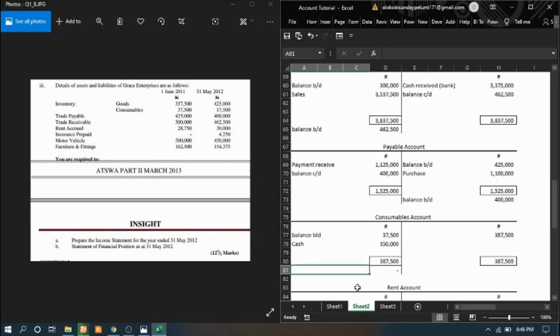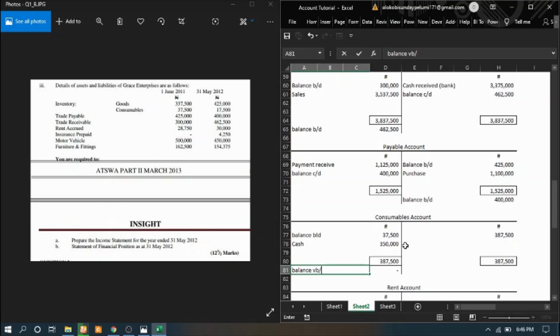And also at the end of the period we have a closing balance. What is our closing balance at the end of the period? This is the closing consumable balance, 17,500.